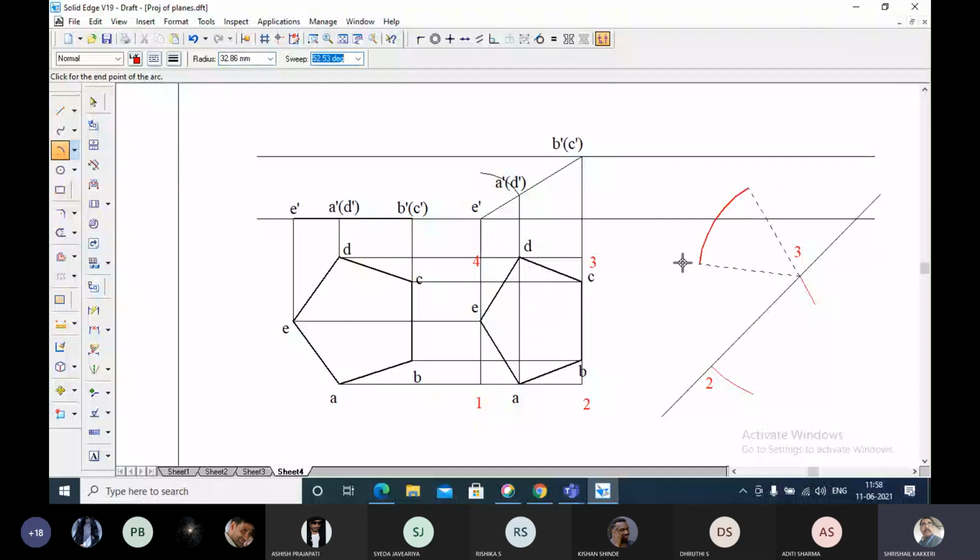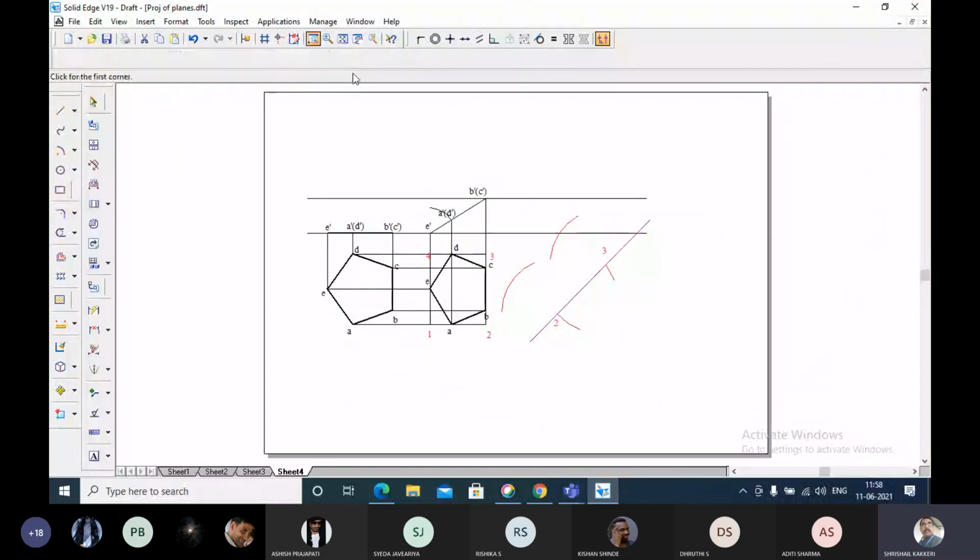Now here I have not given, and again from here 32.86. I have marked this. Assume that you are going to leave enough space. So before you start the construction, you have to plan properly. Otherwise, your figure will go to another page. It will become meaningless.